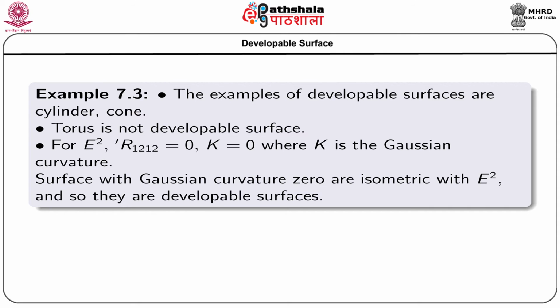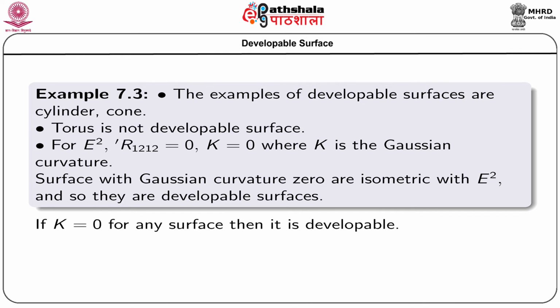The surfaces with Gaussian curvature 0 are isometric with E2, and so they are developable surfaces. This is an important idea: if we obtain that the Gaussian curvature is 0, then the surface will be a developable surface. So, we can assert that if K equals 0 for any surface, then it is developable.